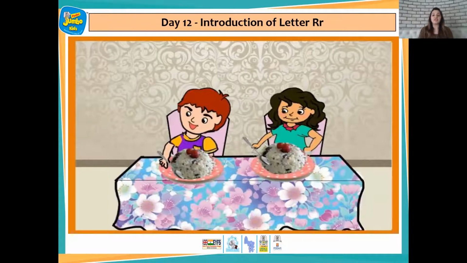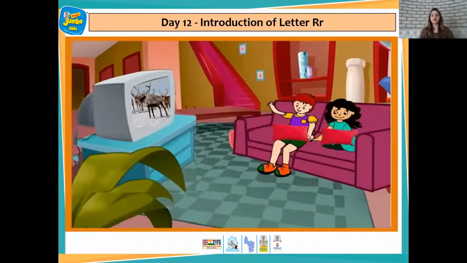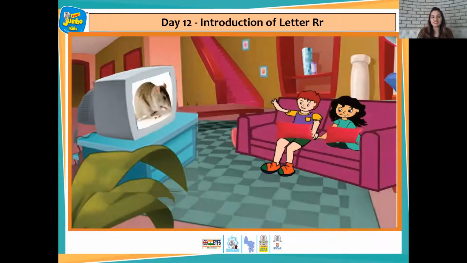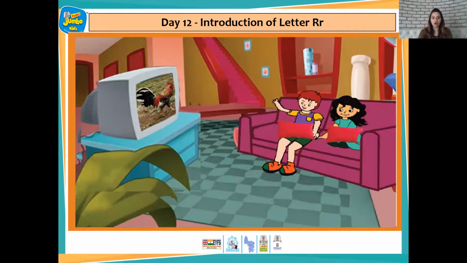Yes, she made yummy curd rice for Rahul and Ria. And after they ate dinner, they started watching TV. And do you know what they saw in the TV? They saw reindeers, they saw rabbits, and they saw rat, and they saw a rooster.